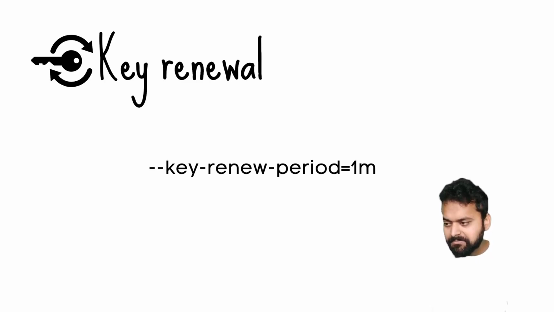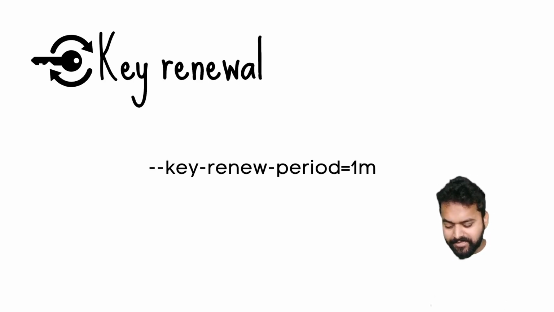Nice, that's pretty good. And if you remember, I mentioned that there will be a flag which we will look at later, which we will look at now. If you mention 0 as the key renew period, that means the sealed secret controller won't generate any new key, and it will just use only one key pair for encryption and decryption.